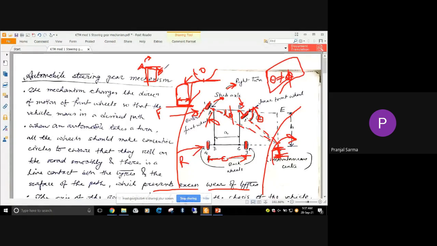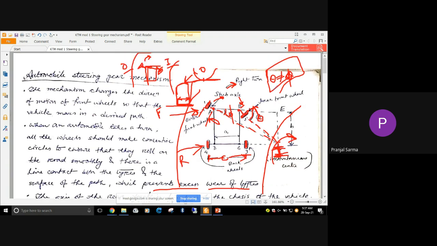Right turn means this is the radius of curvature, so this side becomes the inner side. So this front wheel I will call the inner front wheel, and this is the outer side, so this is the outer front wheel. Both are front wheels, and similarly these two are the rear wheels. Up to this part, I hope it's okay.